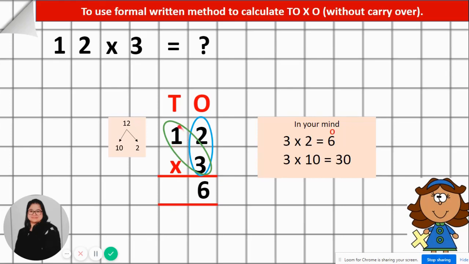Yes. If you see, this 1 is in its tens place. So this is nothing but 10. That is why I have multiplied 3 with 10. And you get the answer as 30. In my answer, 0 is in the ones place and 3 is in the tens place.